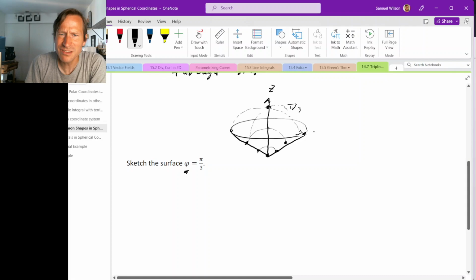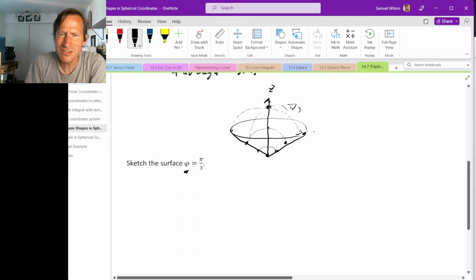The vertex of the cone is at the origin, and all of these points are down the same angle from the positive z-axis. So that's the surface that we get if we set phi equal to a constant. I've drawn this cone as if it stops, but it doesn't. Remember, it goes up infinitely far in that direction.